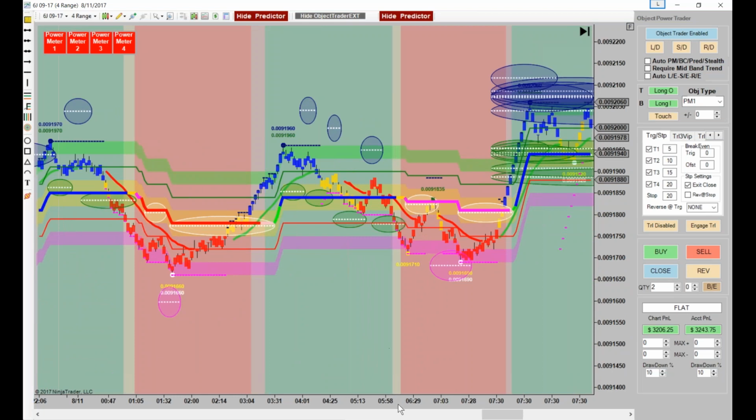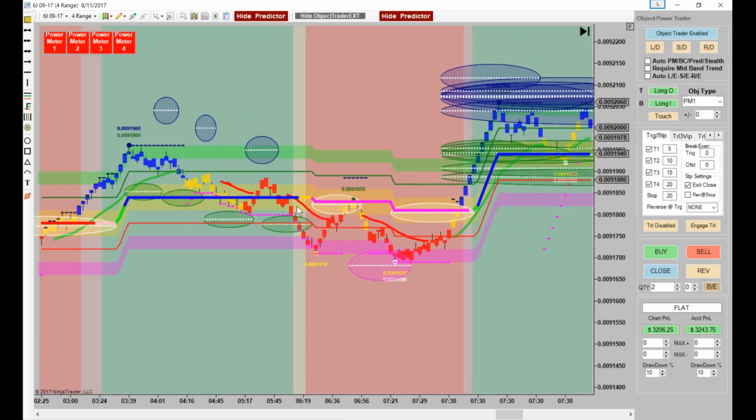Okay, but the best way to trade them is, for instance, with a red background, red midband, you're looking for that predictor trade. If it doesn't take out the low with a vengeance, you want to always watch for these trades like this that barely take out lows. They're usually trend changes.